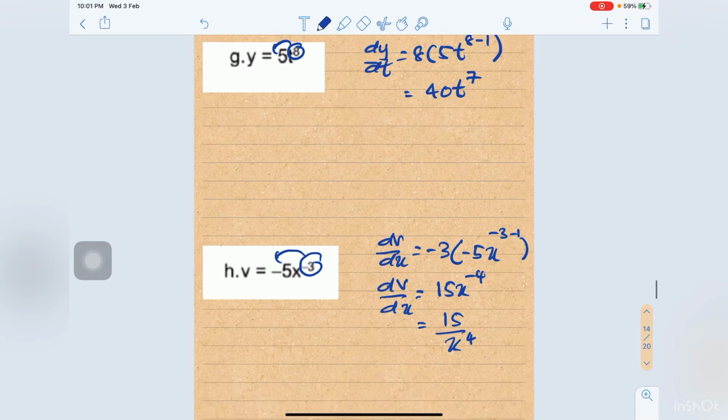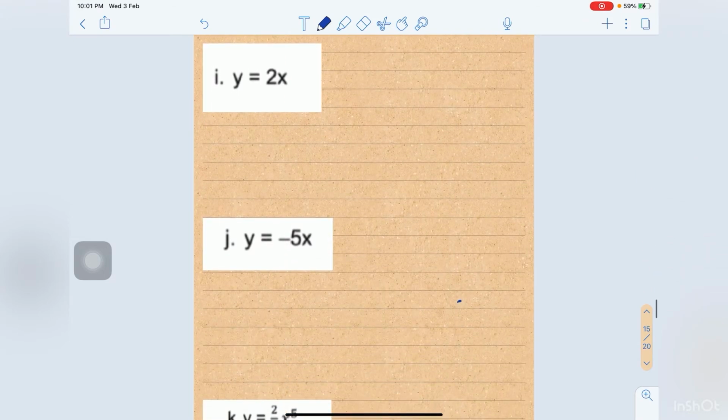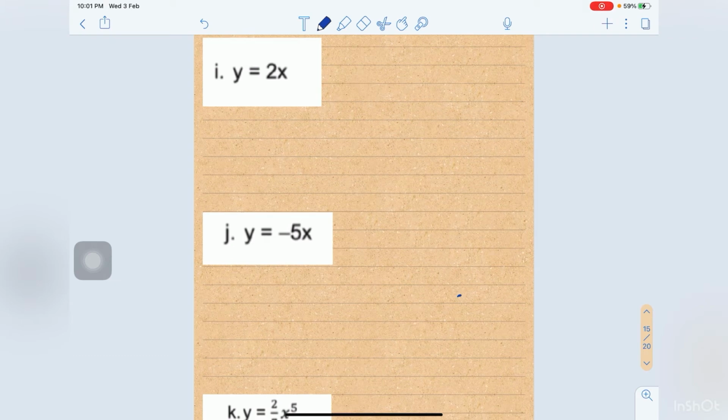Next example, we have y equals 2x. Actually 2x is 2x^1. y in terms of x, we differentiate to get dy/dx. We have 1 times 2x^(1-1). 1 minus 1 is 0, and whatever to the power of 0 is 1.